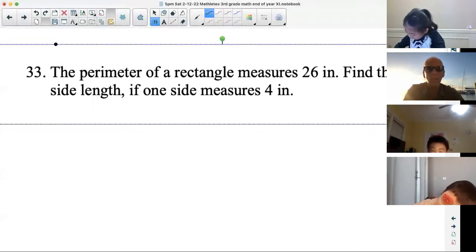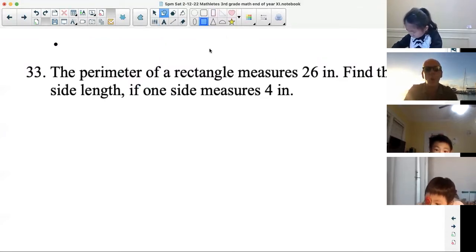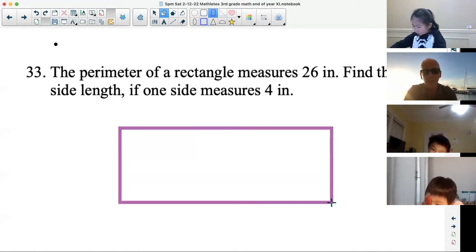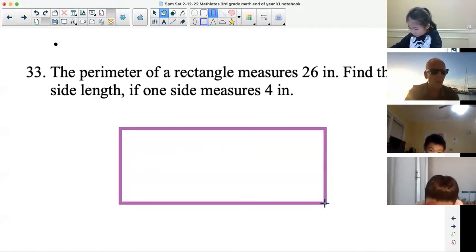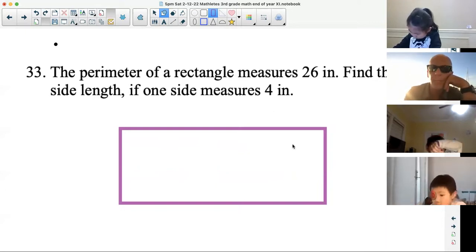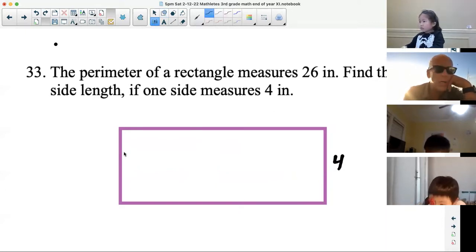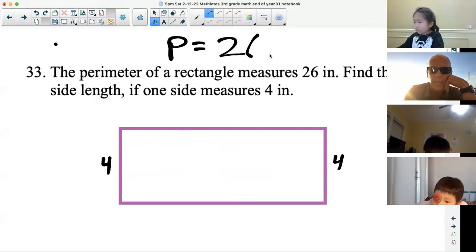All right, guys, who's going to share with me the dimensions of this rectangle? Because we know that one of the side measures is 4. And so I'm going to make that the smaller one. We also know that the perimeter equals 26.